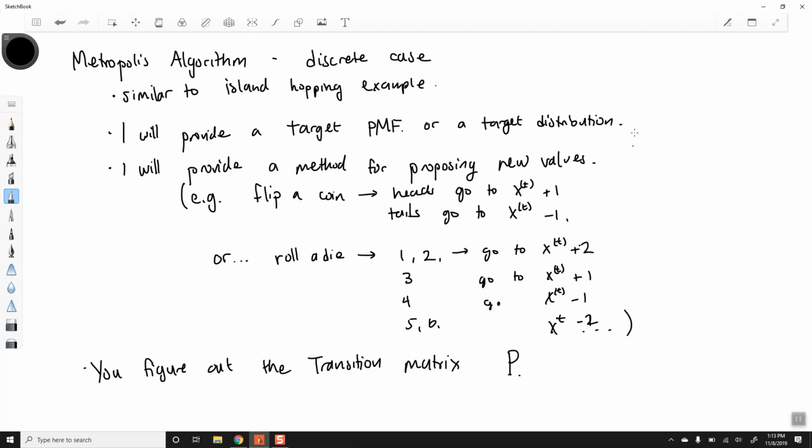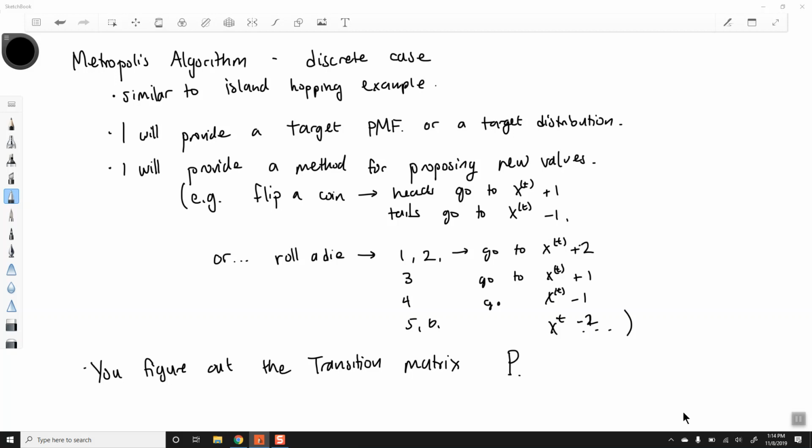And so the target distribution, I don't know how many dimensions, how many discrete values the target distribution will have, but you'll have to figure out the entire transition matrix, the probability of transitioning from one state to another.